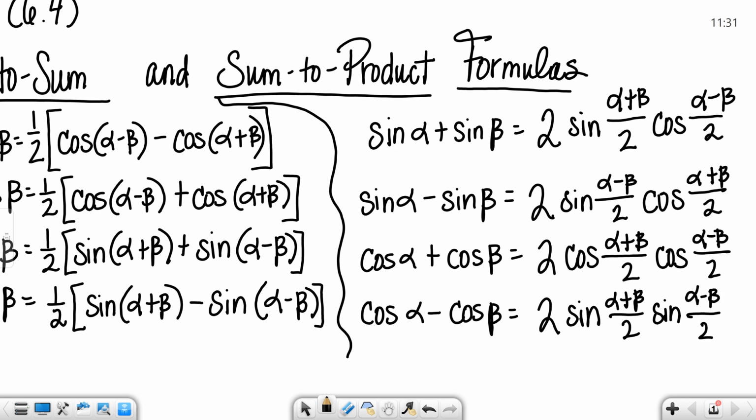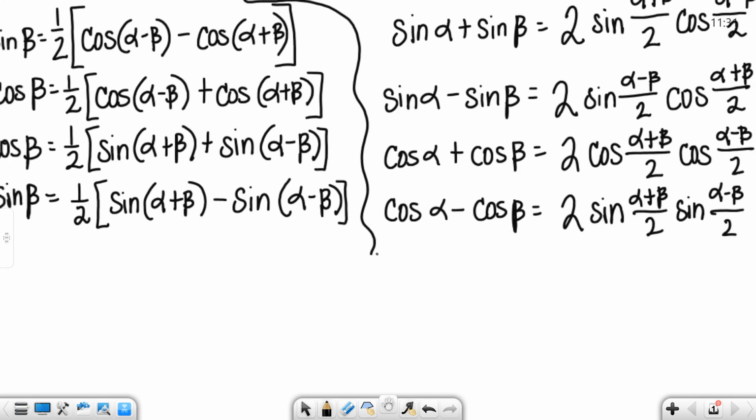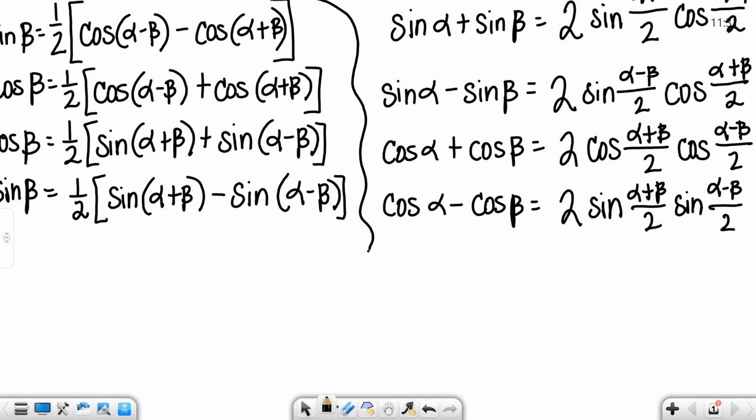We've got 4 formulas on each side, from product to sum and then from sum to product. I'm going to do one example from each column.